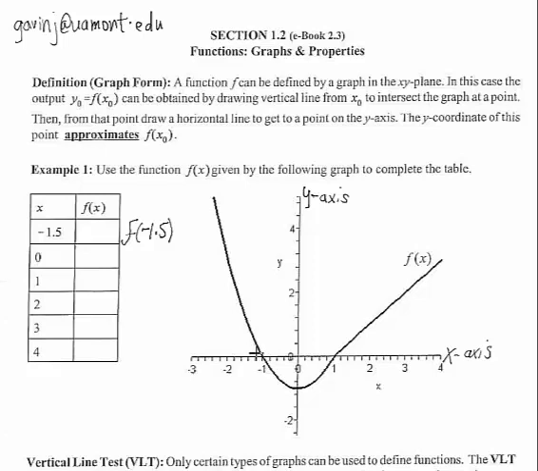I see that each unit, 1, 2, 3, 4, 5, each unit is 0.2. Okay, 1.5 would be located here, right between negative 1 and negative 2. So here is x equals negative 1.5.